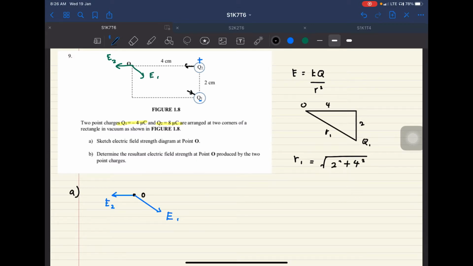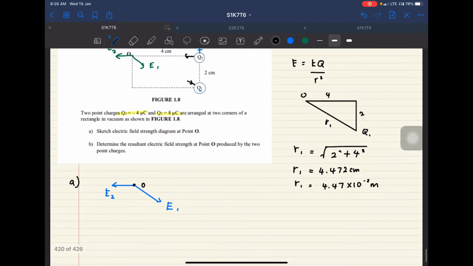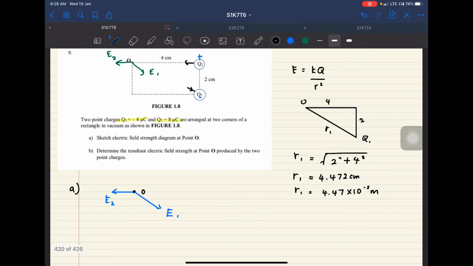If you calculate that, you should get 4.472. If I were to change to meter, okay, if you want to substitute inside the equation, you have to use SI units.